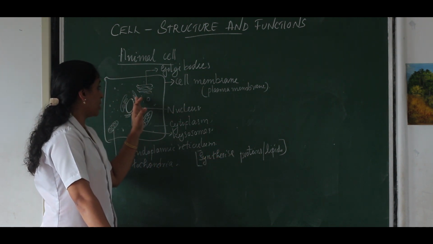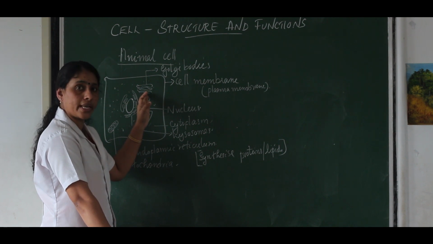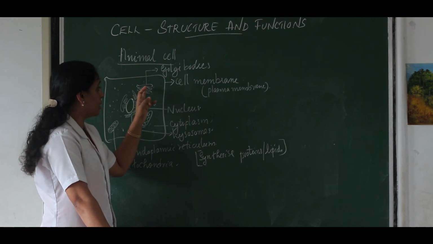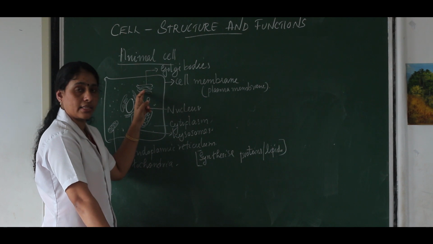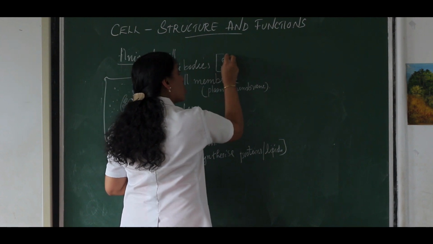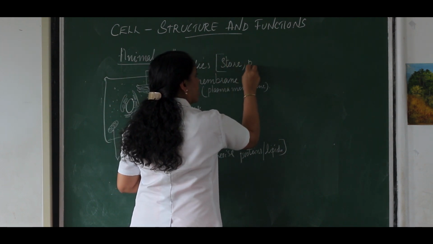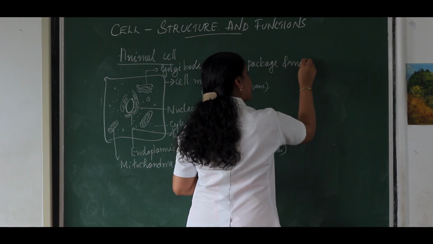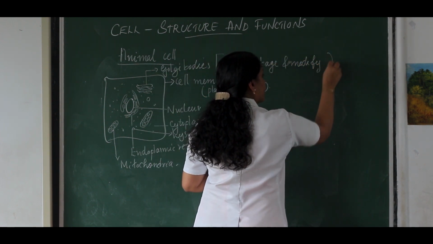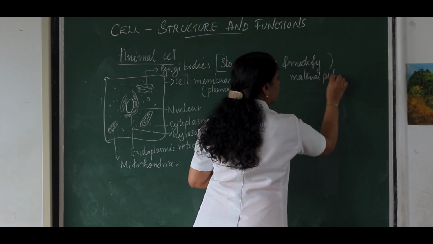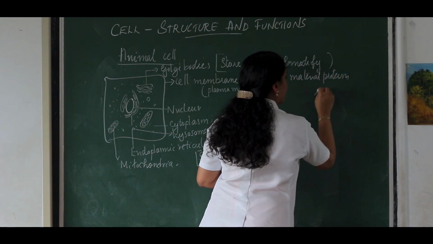Okay, and later coming to Golgi bodies or Golgi apparatus, these structures can be seen very near to this endoplasmic reticulum because these Golgi bodies act as a structure which helps to store, package and modify materials like proteins and lipids.